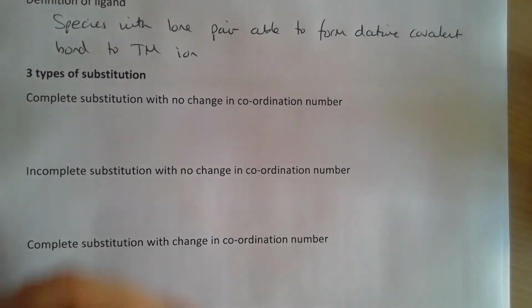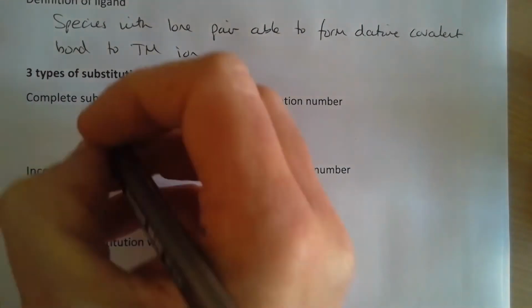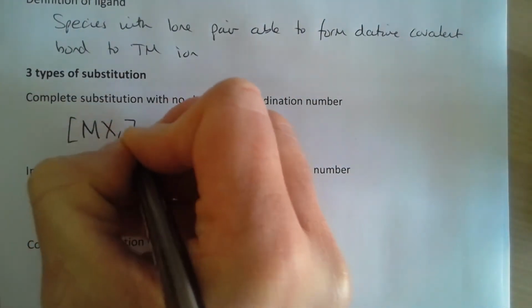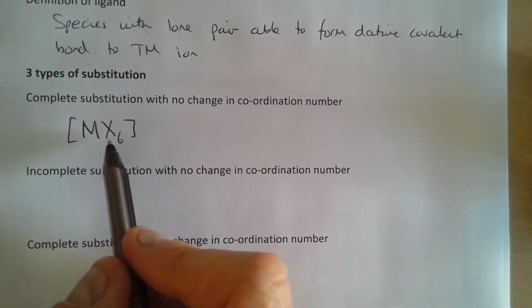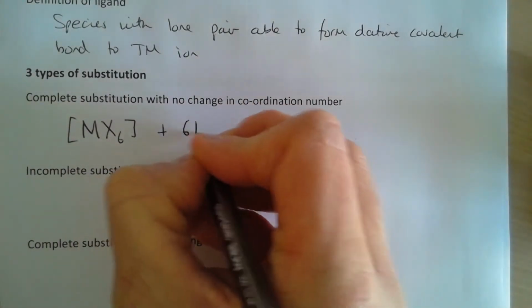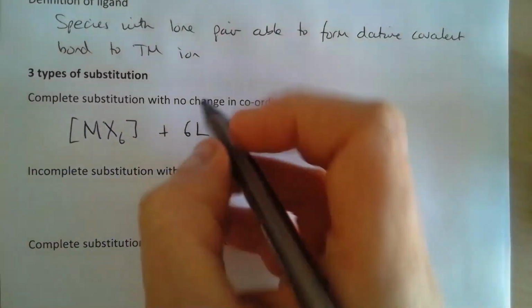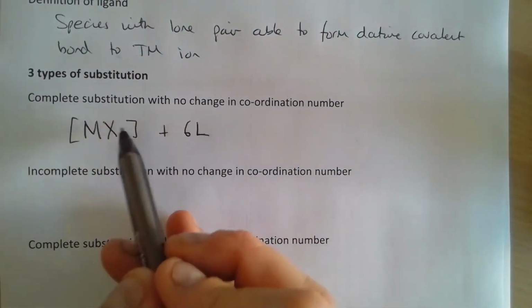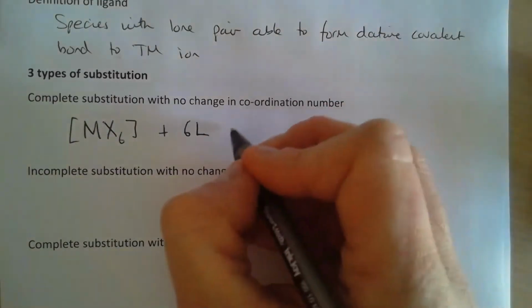So I'm just going to think in general terms first of all. If I were to think about the complex MX6, I'm using X to represent any ligand. If I were to react that with 6 of a different ligand, which I'm using L to represent, then all 6 of the X's would be replaced by 6 L's.